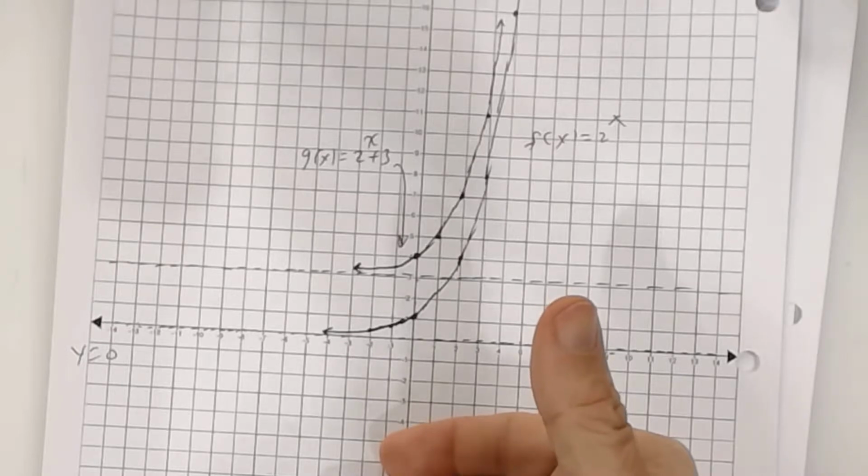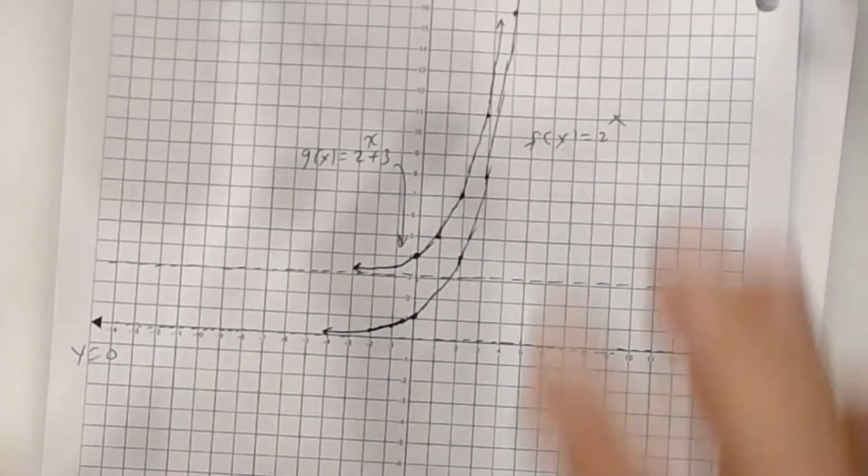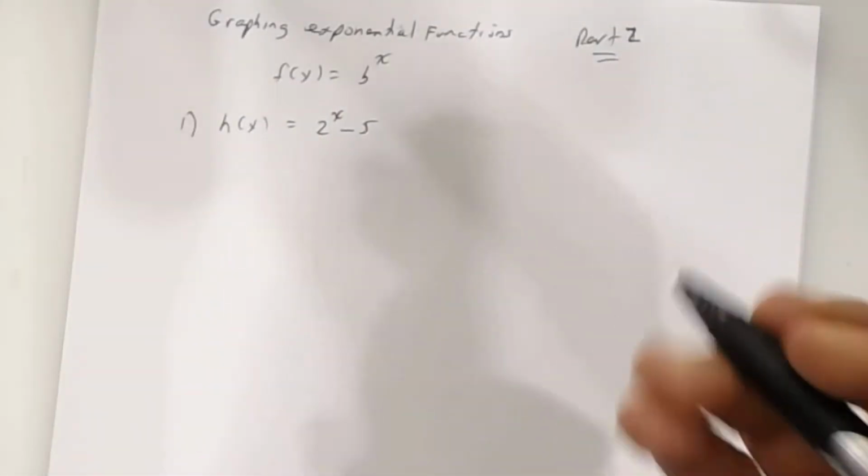What you're going to learn soon is that there's something called a vertical translation, going up or going down. That plus a constant is a vertical translation, so you either move it up or down. There's also something called horizontal, which is a little more difficult for students, but vertical is pretty easy to see.